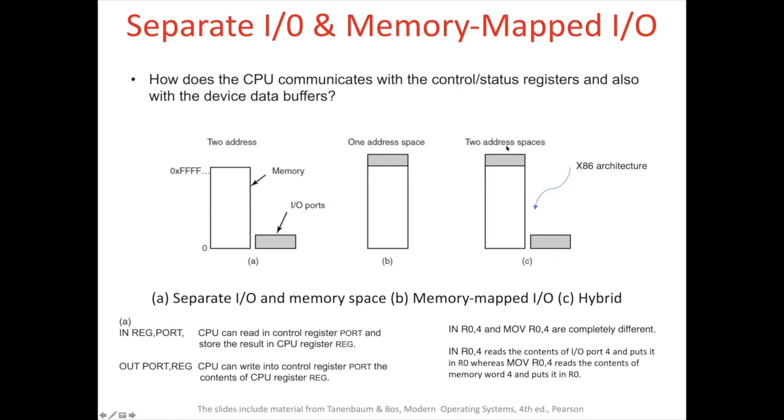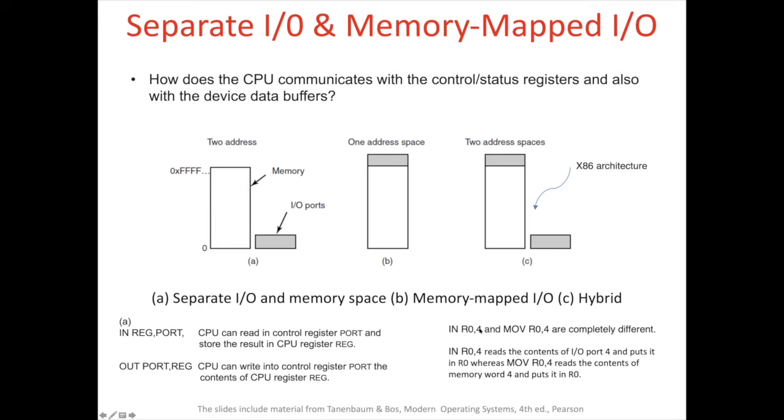We have two address spaces, which is used in the x86 family architecture. For this one, notice that with the instruction IN REG, PORT, the CPU can read control register PORT and store the result in CPU register REG. For OUT PORT, REG, the CPU can write into control register PORT the content of the CPU register REG.